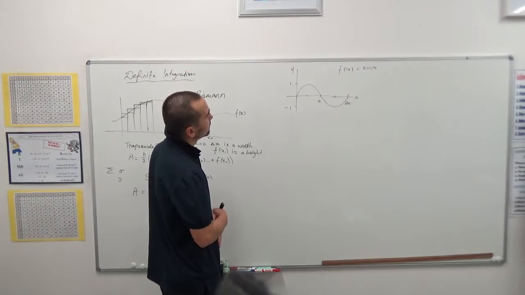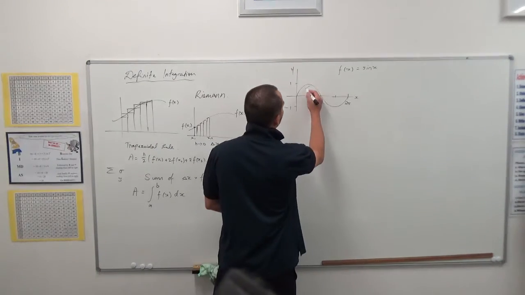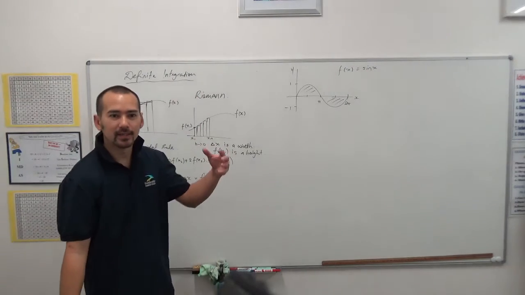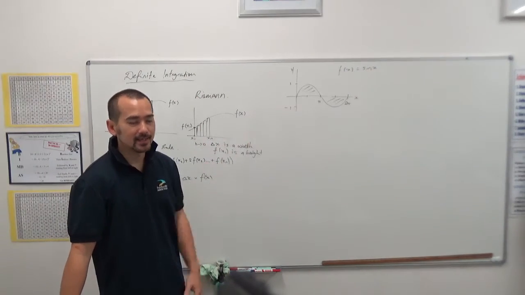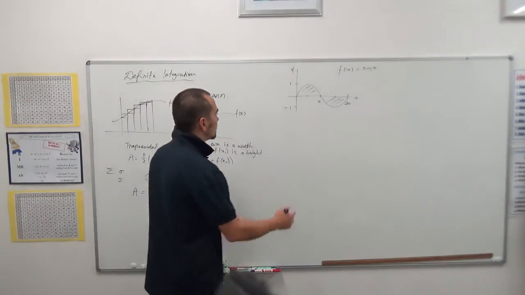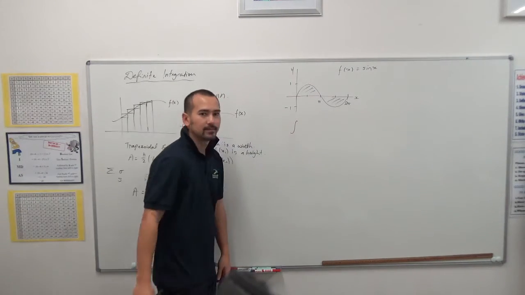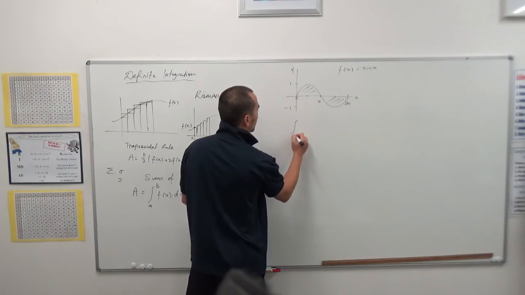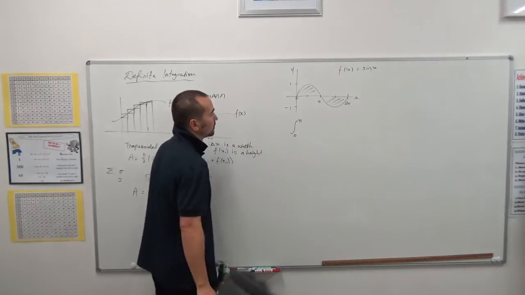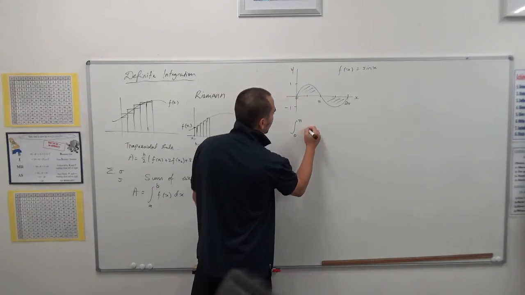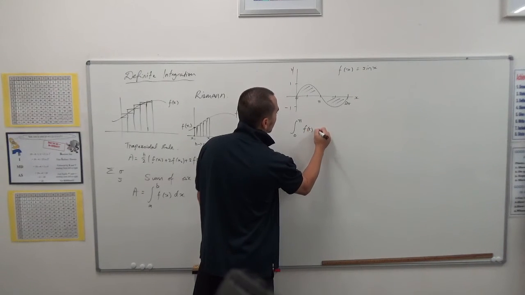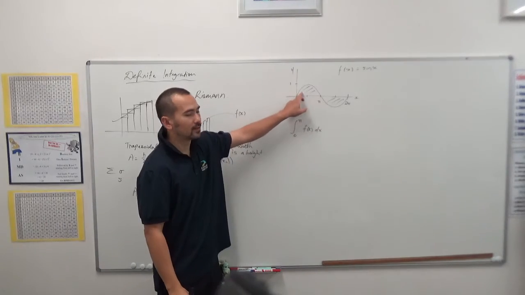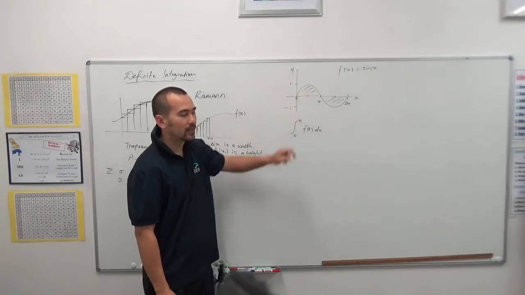So, if we wanted to find the area between the curve and the x-axis, we could use the Riemann sum integration from 0 through to pi on the function f of x with respect to x, and that represents this one here, true? Yep.